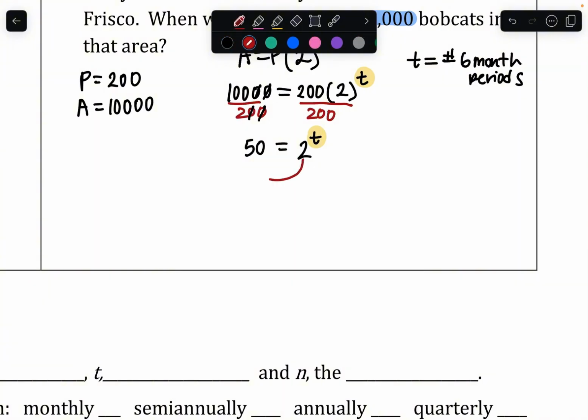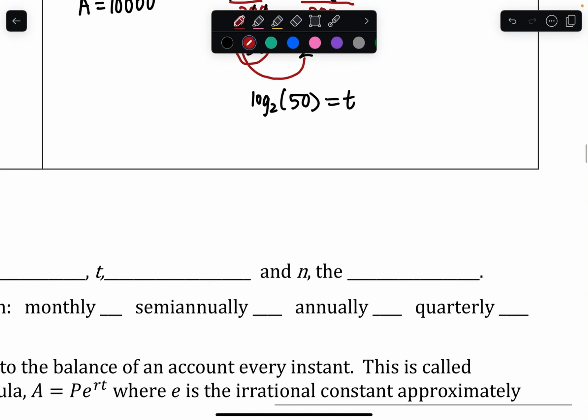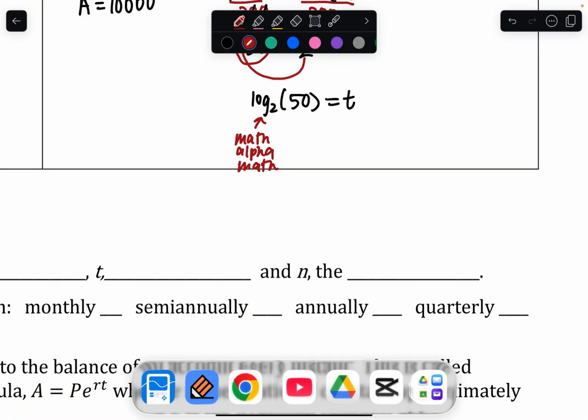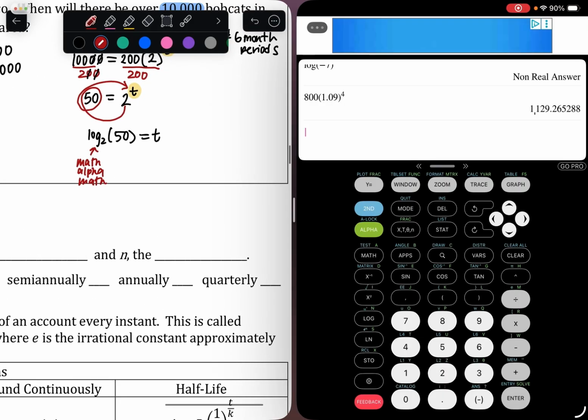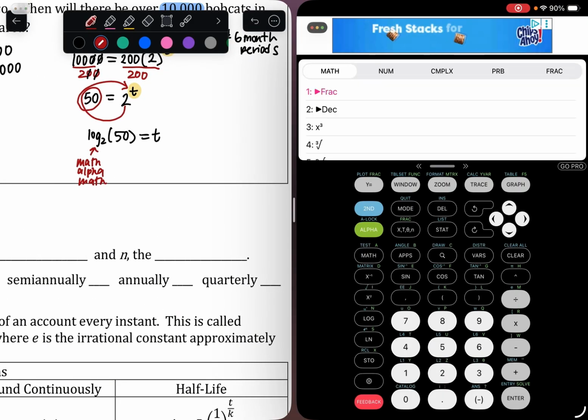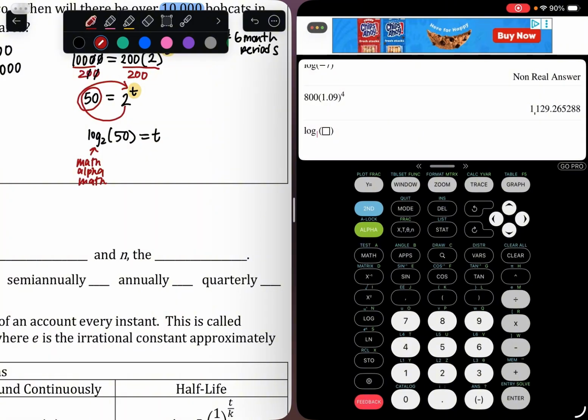So it's going to be log base 2 of 50 equals T. That's what you would type in your calculator. To get this other base, it's math, alpha, math, if you have a TI-84.